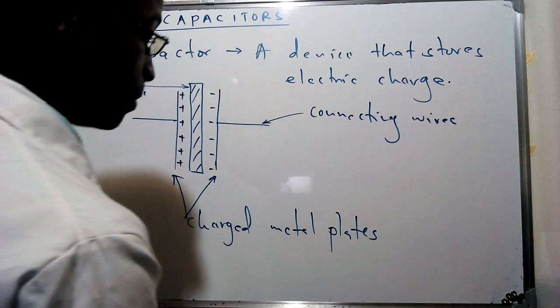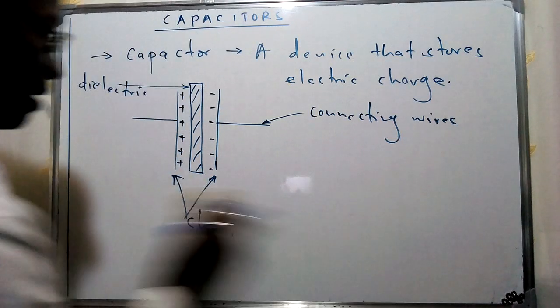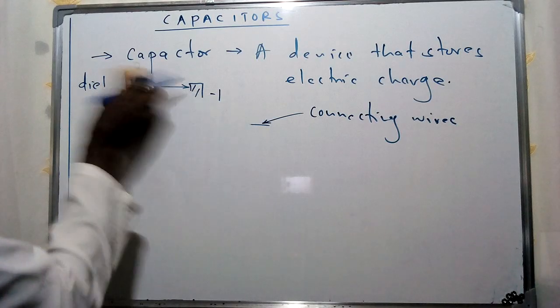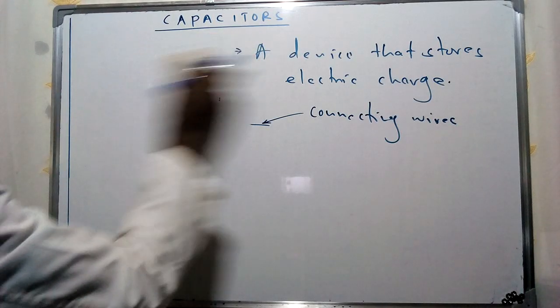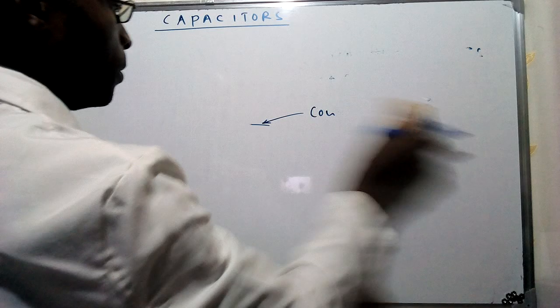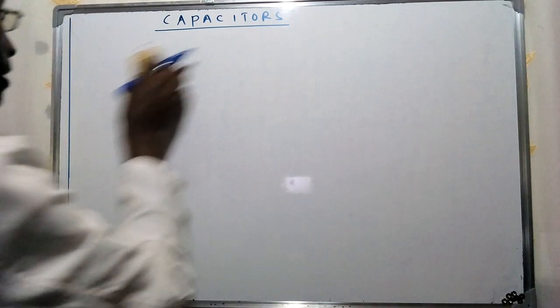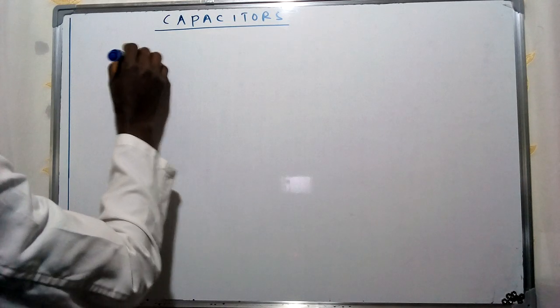Now, we have different types of capacitors depending on the specific area of application. Perhaps we can just give particular examples of these capacitors by mentioning them. And perhaps we're going to come across them in some of our discussions on areas of application in detailed form.